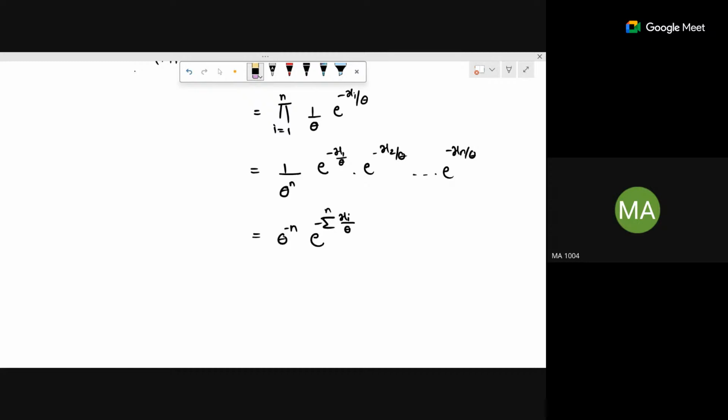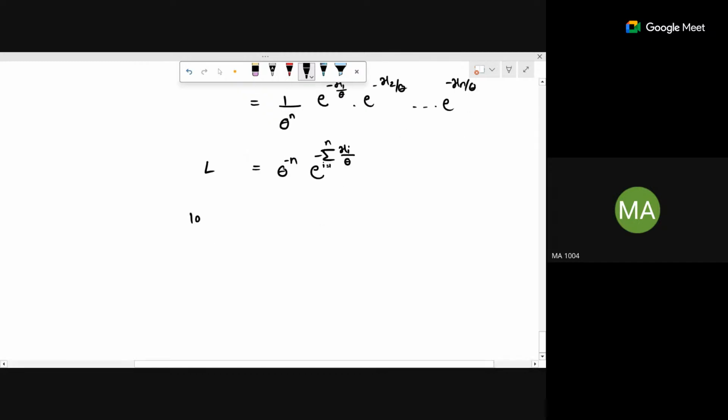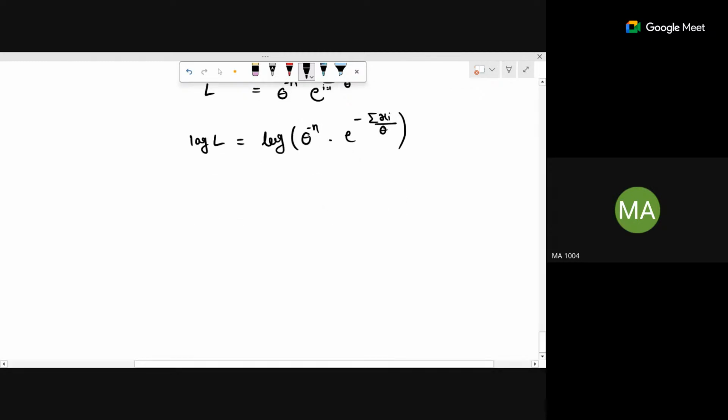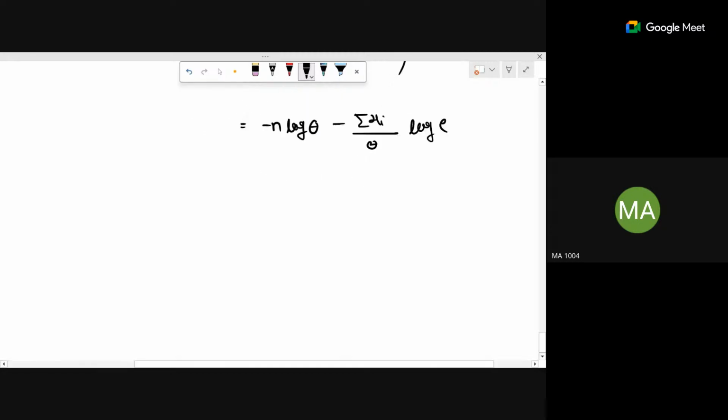Now again the same procedure: take the log on both sides. So log of L will be log of theta raised to the power minus n, into exponential raised to the power minus summation xi by theta. That is nothing but minus n log of theta minus summation xi by theta, into log of e, which is 1.